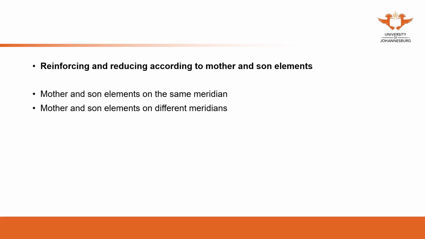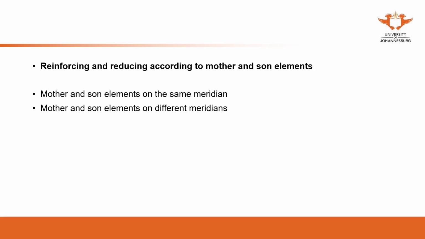So for this category of application, you always need to memorize the mother elements and the son elements. Once you memorize them, we can go one step further: the mother meridian of the mother element, the son meridian of the son element.